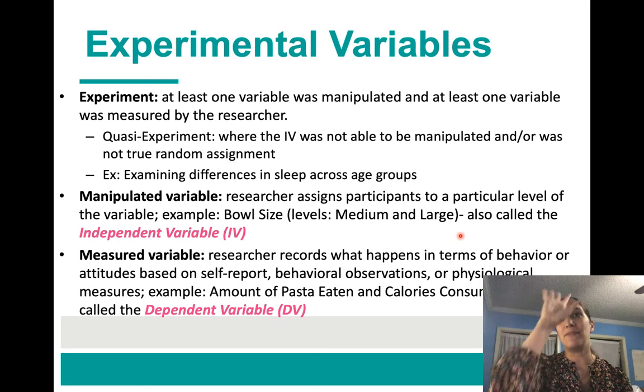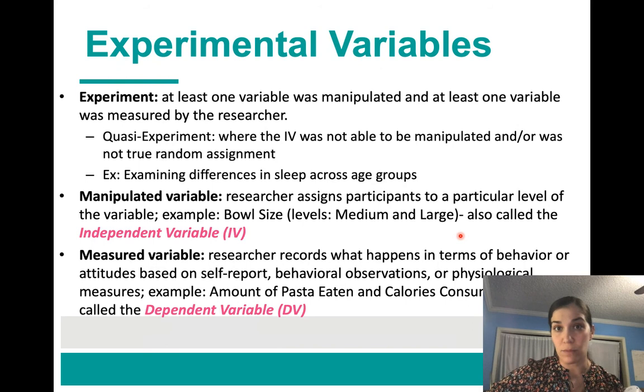Let's say I have teenagers, young adults, older adults. Age is a measured variable, right? I can't manipulate your age. I can't say, oh, you're 17, but I really need you to be 35 for this study, so could you just go into the 35 age group? That can't happen. It's a variable that I measure, and then I see what your age is.